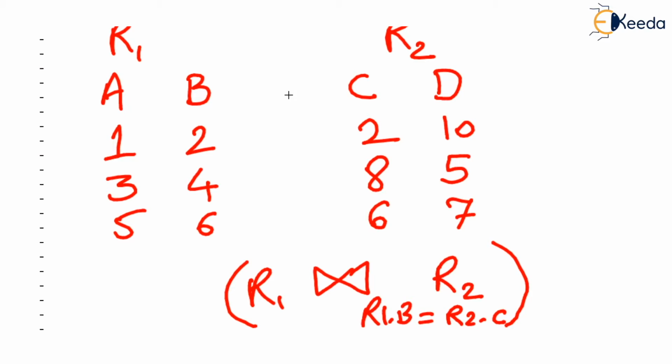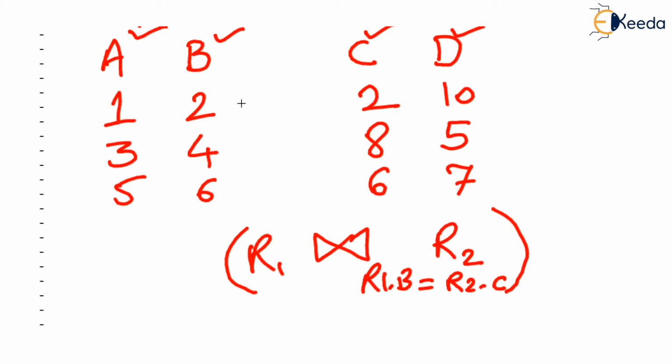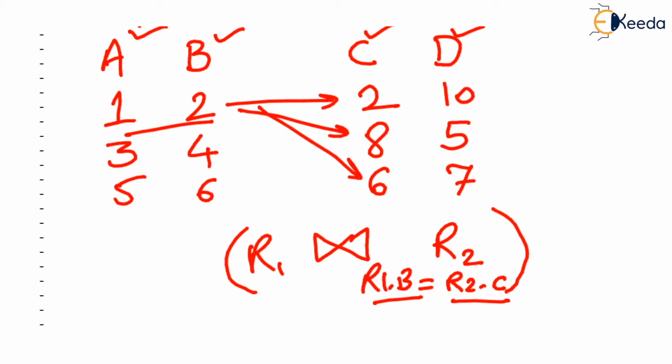If R1 and R2 are the two tables as shown with the columns A, B and C, D with some arbitrary values, what will happen if you join R1 and R2 with the condition R1.B equals R2.C? Now you understand that this 1, 2 will be joined with 2, 10, 8, 5 and 6, 7.